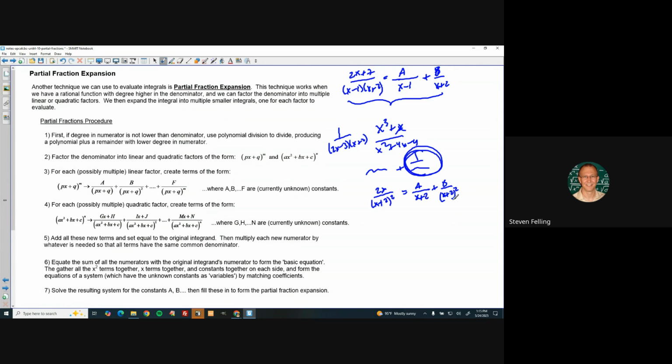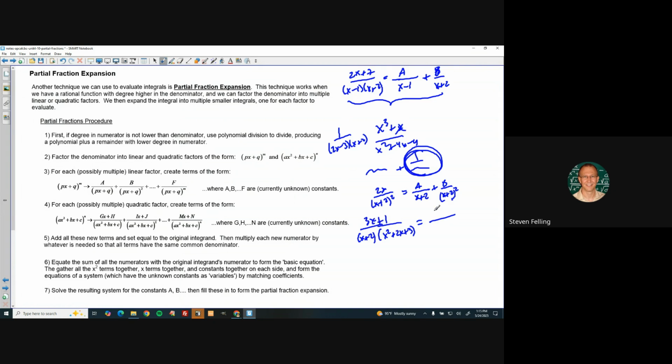Okay. If you have quadratic factors, where the factor itself is quadratic, like x squared plus 2x plus 3, maybe we have that factor along with another factor, x plus 2. Maybe there's 3x plus 1 or something on the top.